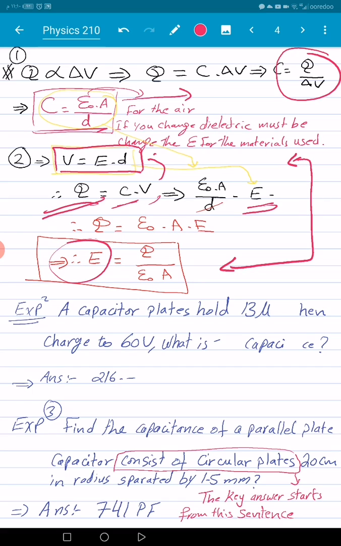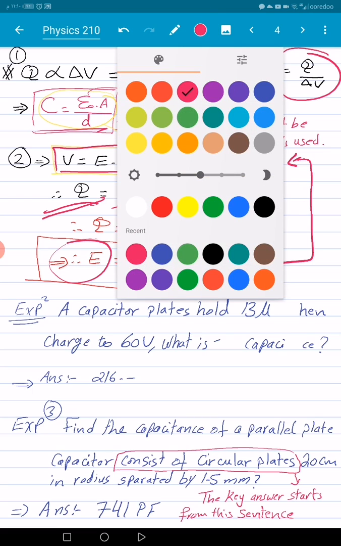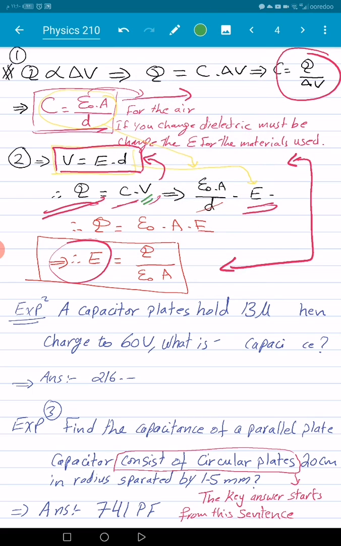V is equal to E times D. So just substitute the variable of C here, the variable of V here. So D here is, sorry, here is D.